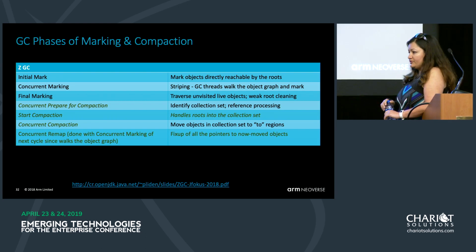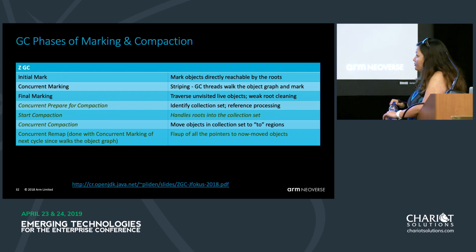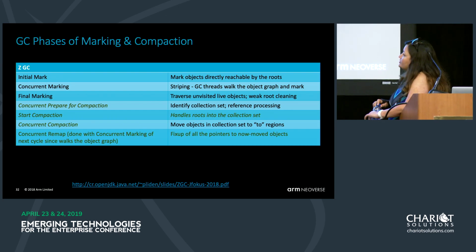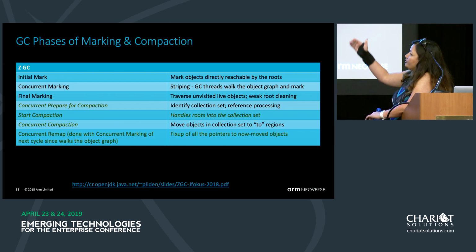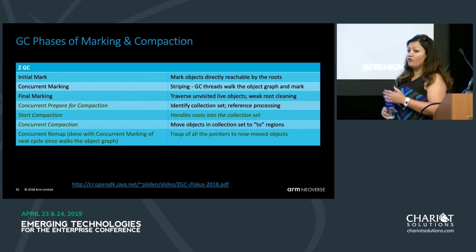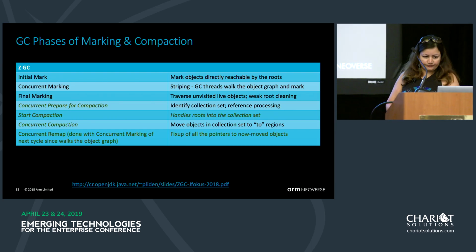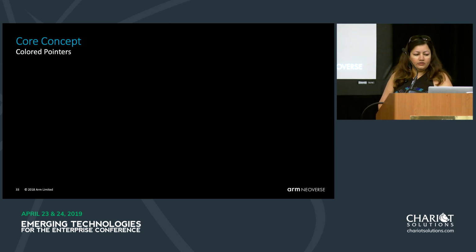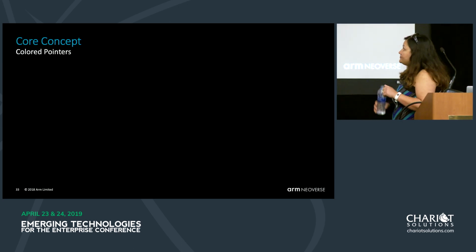I'll talk more about it when I talk about colored pointers. What is interesting is that concurrent remapping can be piggybacked with concurrent marking. The first cycle happens, and then in the next cycle, you will see concurrent remap happen with concurrent marking. If you see multiple cycles, it's kind of piggybacked. So there's an overlap, so to speak. So let's look at colored pointers, okay?